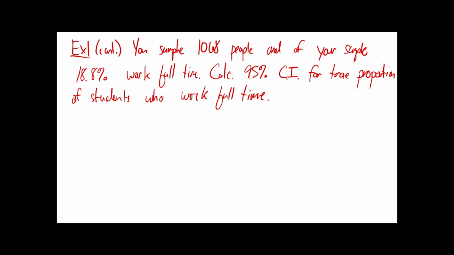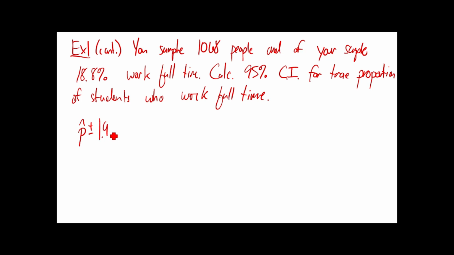So you go out, you actually get those 1,068, 18.8% of them work full time. So now, how are we going to calculate the confidence interval? What are we going to use? Yeah, we've got a formula for it, right? Remember, it's just p hat plus or minus.